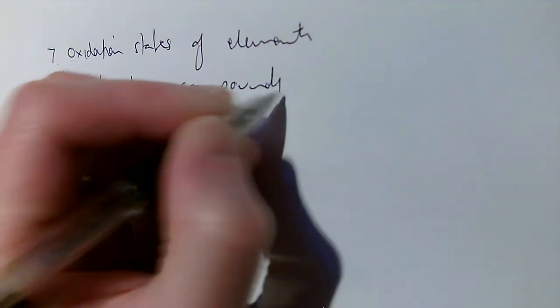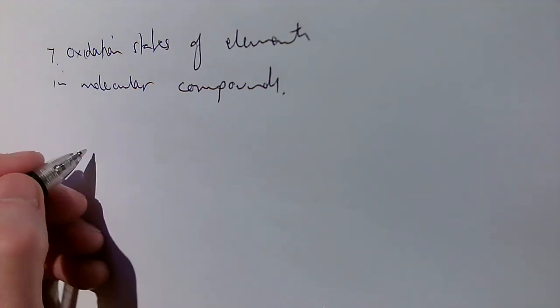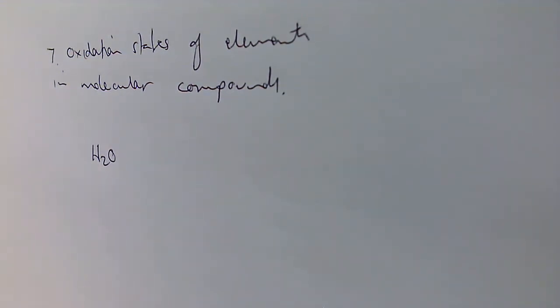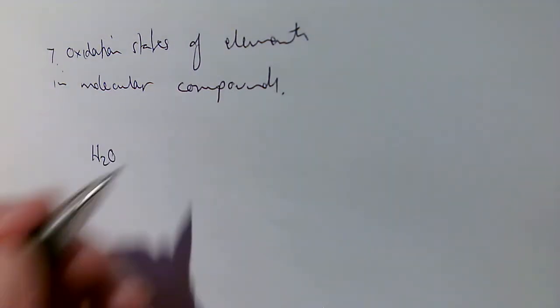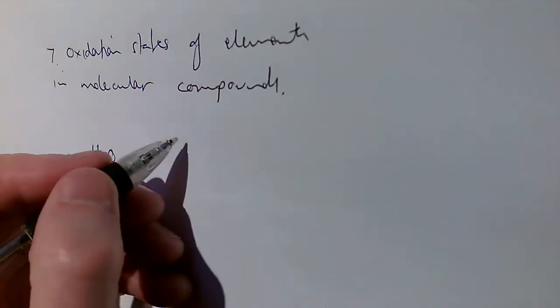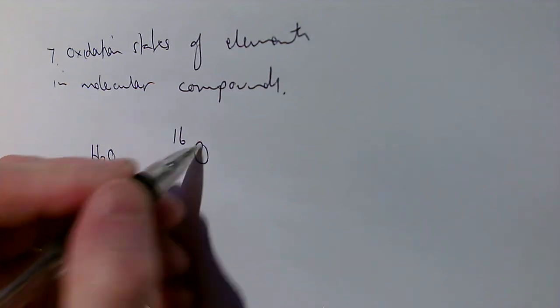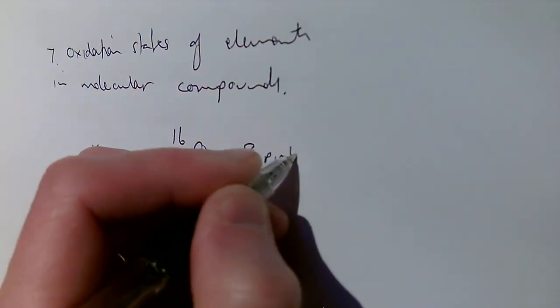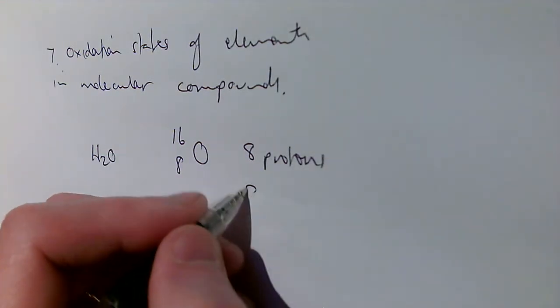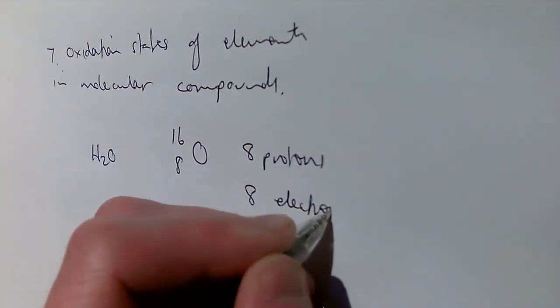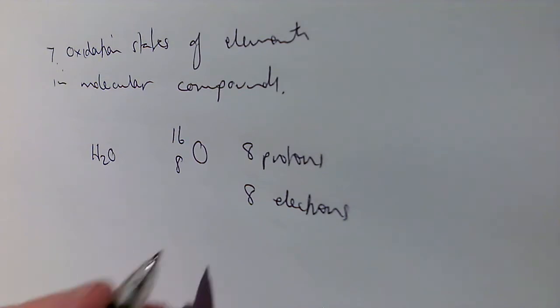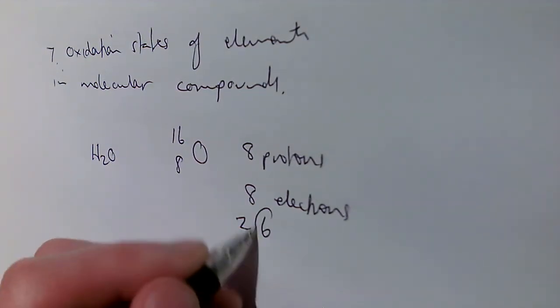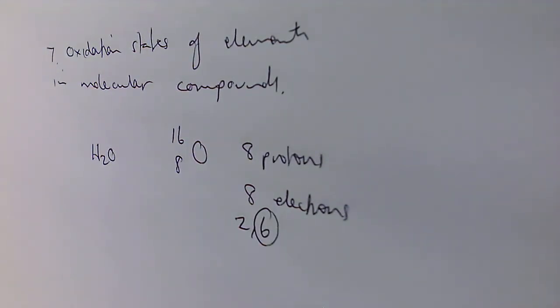If I take something like H2O, let's consider the oxygen. If you look at the periodic table, oxygen is represented like this, 16, 8, 0. That tells me that it's got 8 protons and 8 electrons. Those electrons are arranged 2, 6, so it's got 6 electrons in its outer shell.